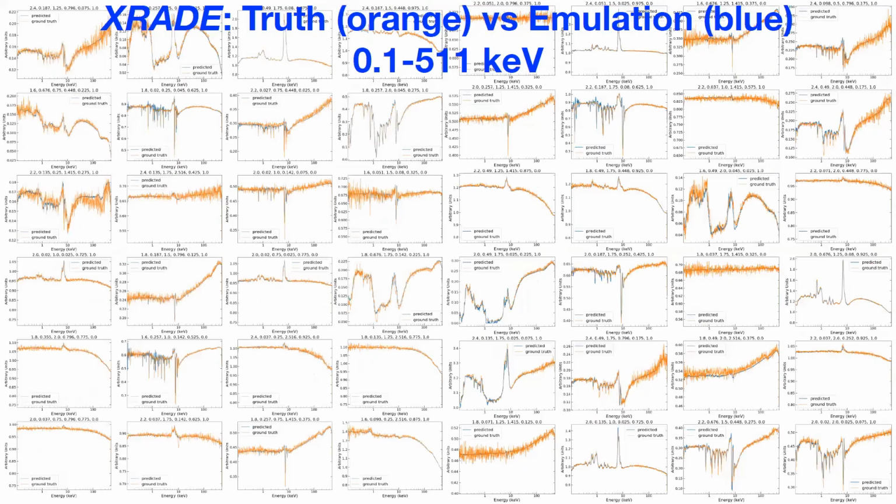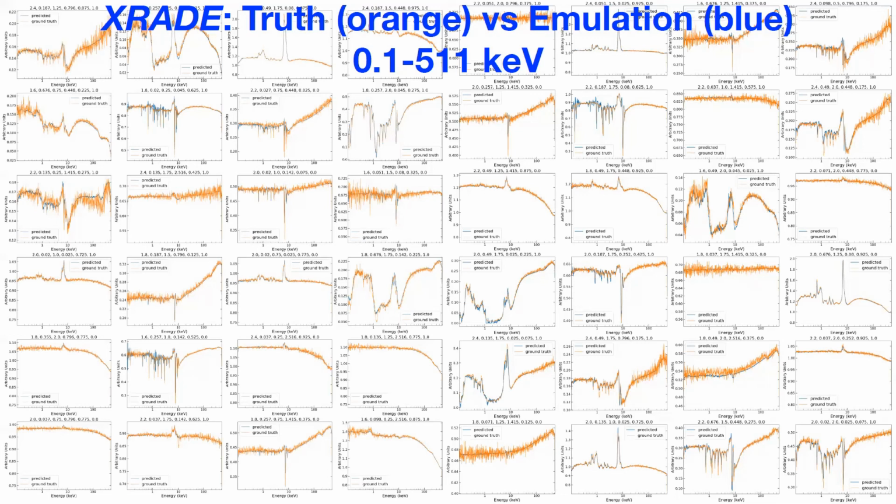So this is the result. The orange spectrum is the truth value from the 10% testing set, and the blue spectrum, which sometimes you cannot see, is the emulated spectrum, so it comes from the network. You can see the gray result here.